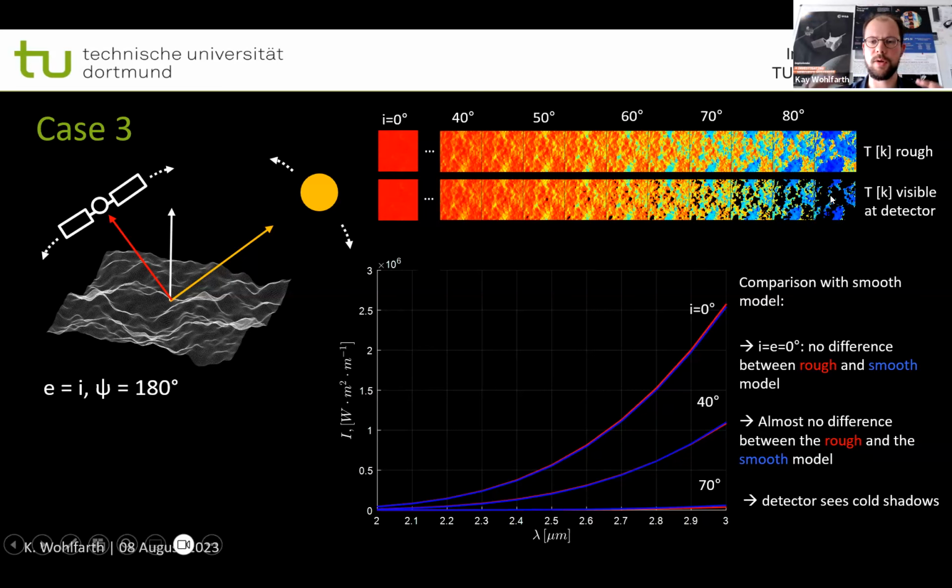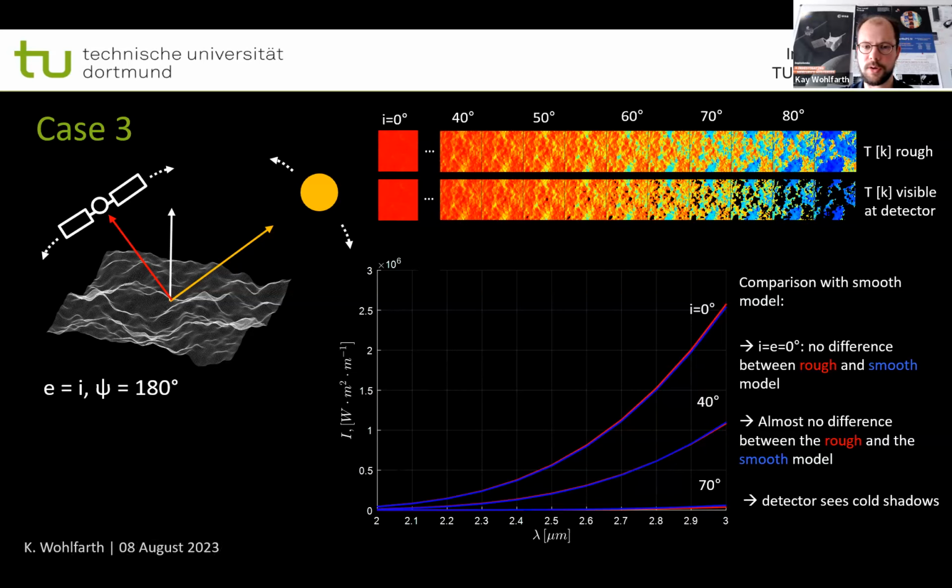So we are somewhat looking from behind at the surface, and we see more regions that are in shadow, that are really cold, and we collect Planck functions that are colder, which leads to the effect that the red and the blue curve, the rough and the smooth model, are somewhat similar. And when we look at 70 degree, I should have included a zoom opportunity, then the smooth model is even above the rough model. So when we look from behind, we see the shadows and everything gets colder.